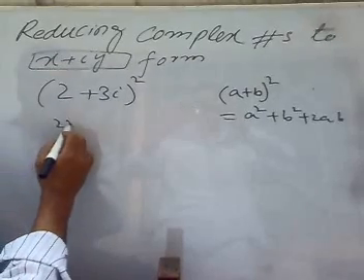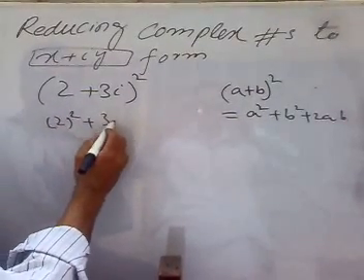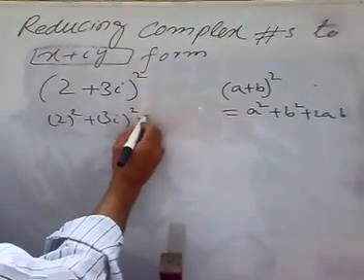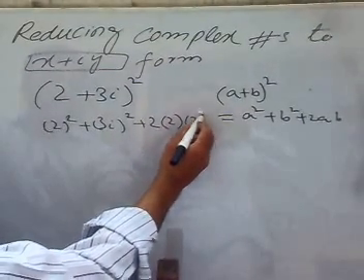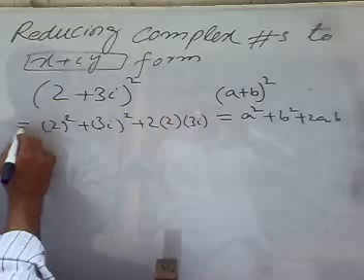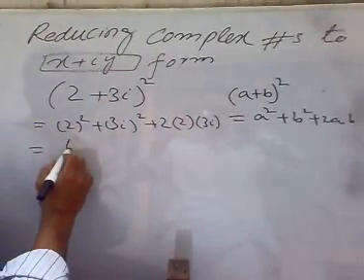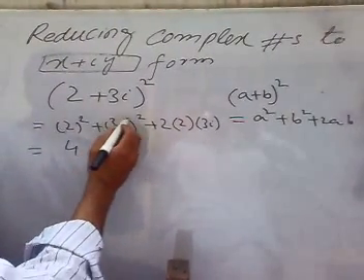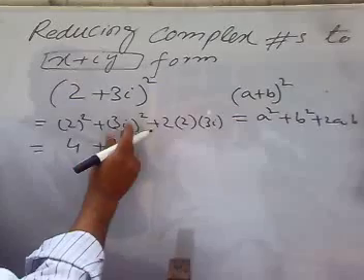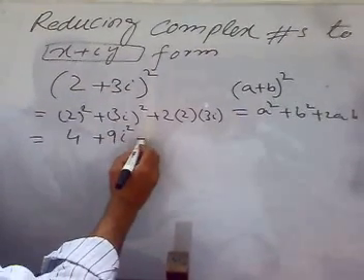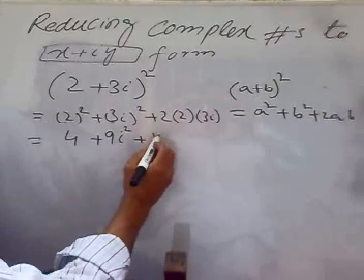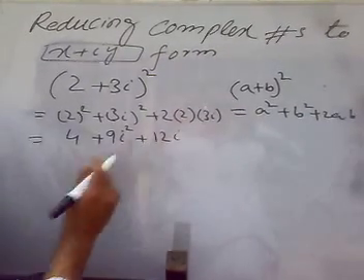So it will be 2 square plus (3 iota) square plus 2 into 2 into 3 iota. What we get here is 4 plus 9 iota square plus 12 iota.